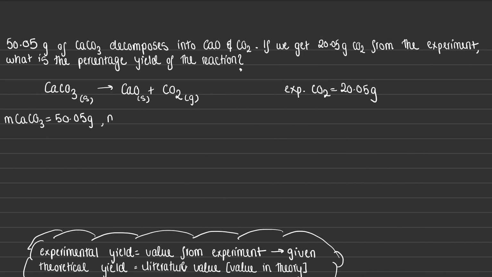So if we have the mass of calcium carbonate, we can find the number of moles of it. So the number of moles of calcium carbonate would be mass over molar mass, which is 50.05 over 100.09, which is roughly 0.5 moles.